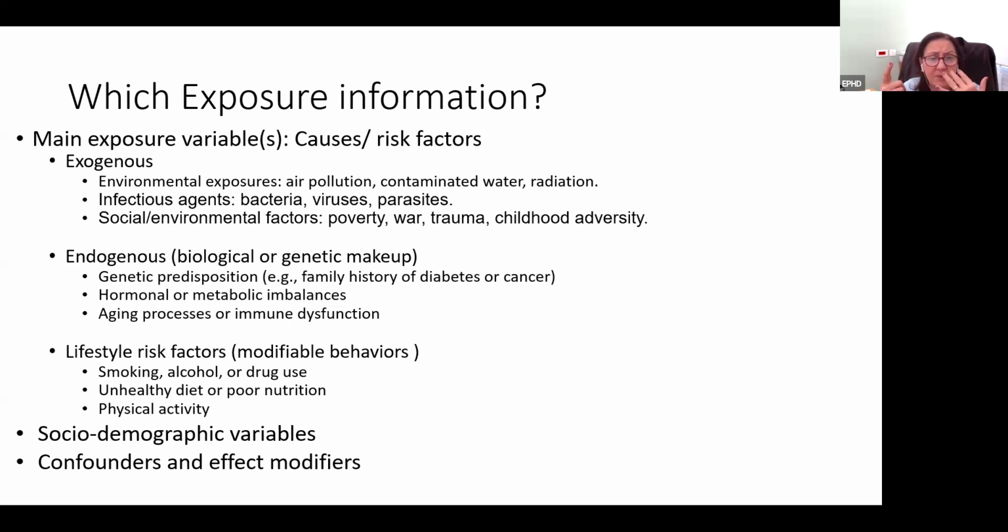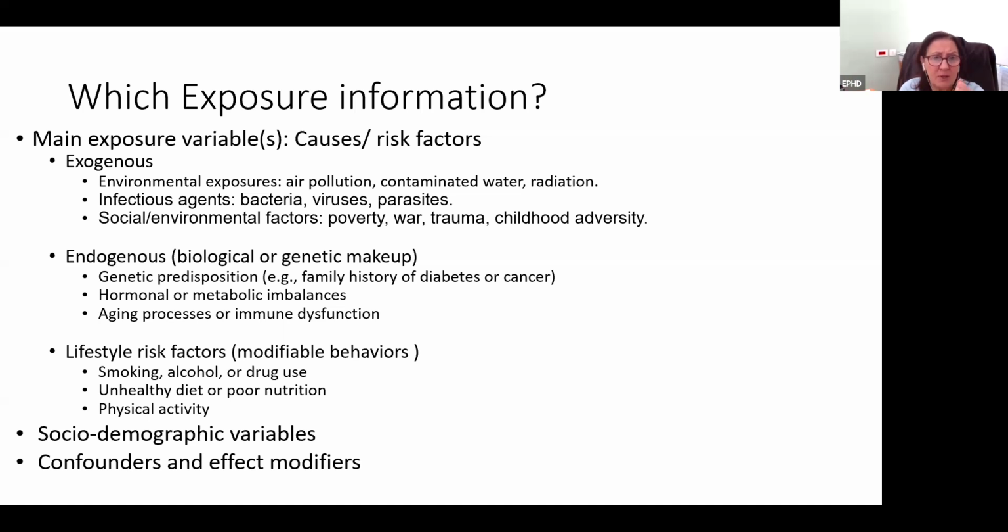I can think about even war as an exogenous exposure, a social environment. War, exposure to crises, economic crises, childhood adversity, people suffering from hunger when they were kids, participants who suffered the death of a parent when they were kids, major trauma.